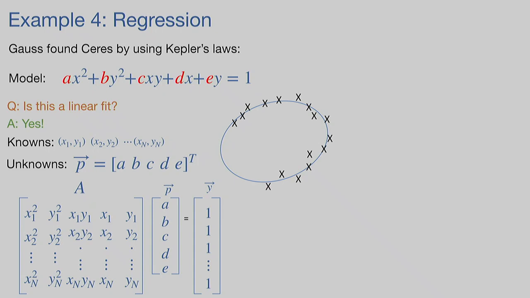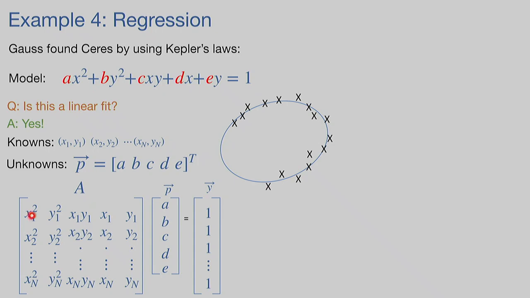An ellipse, at least in 2D, has 1, 2, 3, 4, 5 parameters. And we have measurements and want to find the best ellipse that fits the data. And what we did is we said, we have the known positions x1, y1, x2, y2, x3, y3. And then based on this, we realized, wait, this is actually linear. Even though x and y are squared and x times y are also multiplied with each other, they're not the variables. These are just the coordinates that we know.